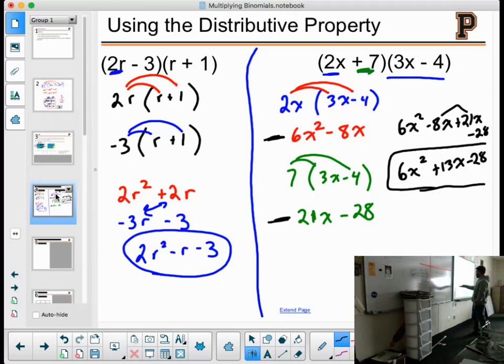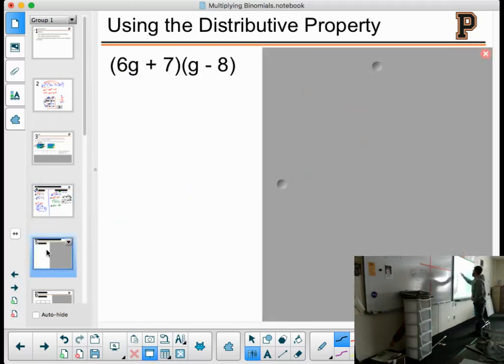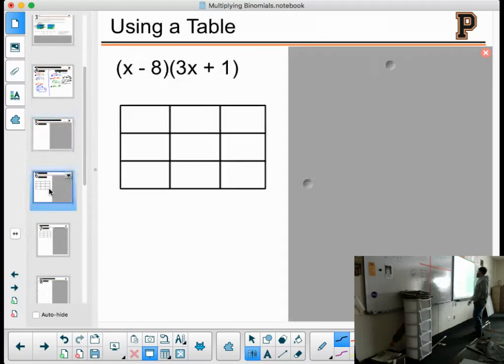Okay. Another technique for multiplying binomials is the table technique. And this is how this would work. All right. First thing that you do is you just label each side. We're kind of thinking of each expression as like the length of a rectangular square. So we're going to call this x, this minus 8, this 3x, and this plus 1.